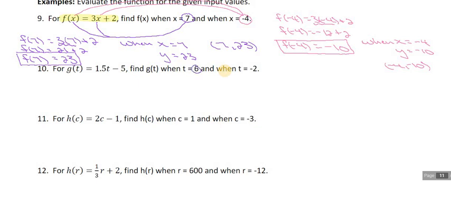So we're going to show g of 6 equals 1.5 times 6 minus 5. We need to PEMDAS. So we have to do the 1.5 times 6. So g of 6 equals, that's going to give us 9. Drag down the minus 5. So g of 6 equals 4.